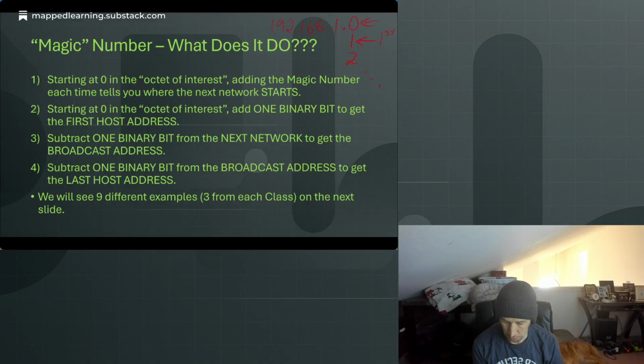Number 3, subtract one binary bit from the next network to get the broadcast address of this network. So remember what the next network was? We take the magic number of 16 and add it to 0. So it's .16. We subtract one binary bit from 16. What does that give us? 15.